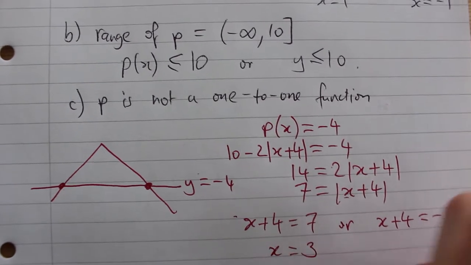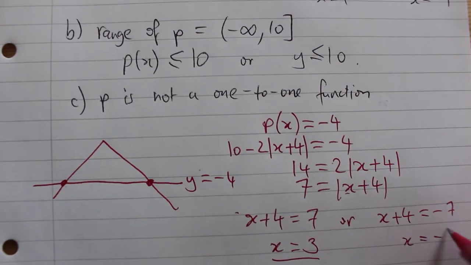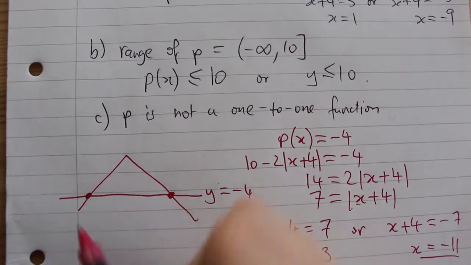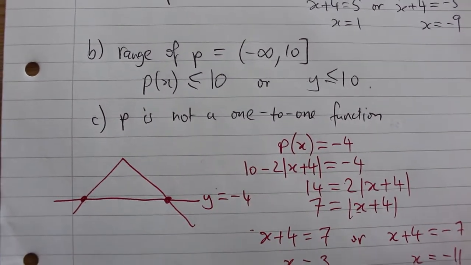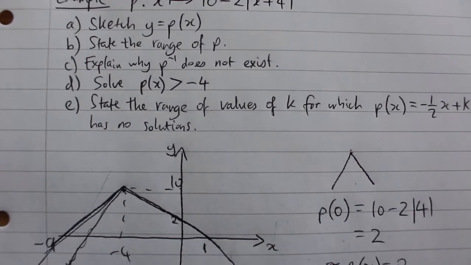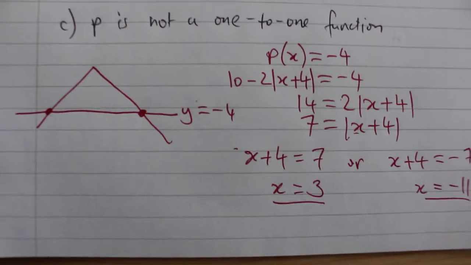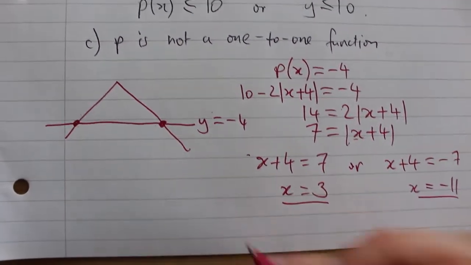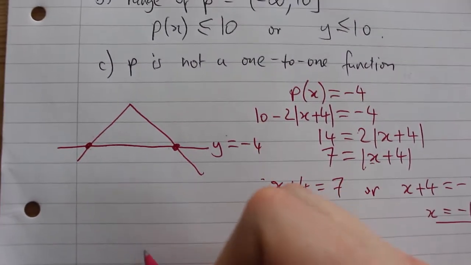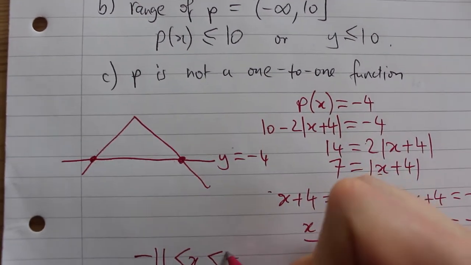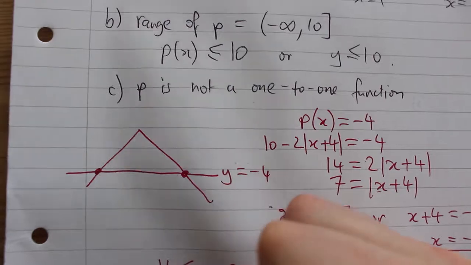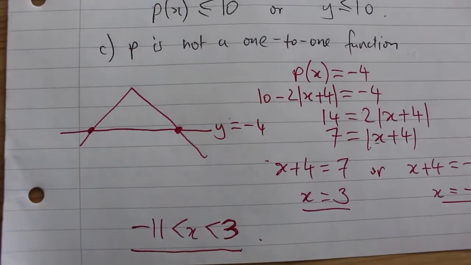And that gives us 3 or minus 11. So this point has x coordinate minus 11 and this point has x coordinate 3. So the solution to the inequality p of x is greater than minus 4 is going to be in between these two values. So the solution is minus 11 is less than x is less than 3. That's the solution.